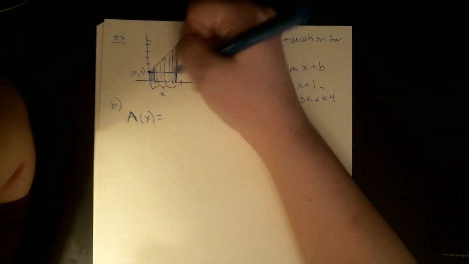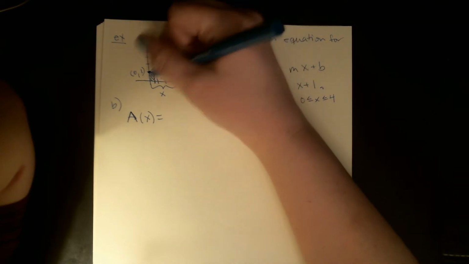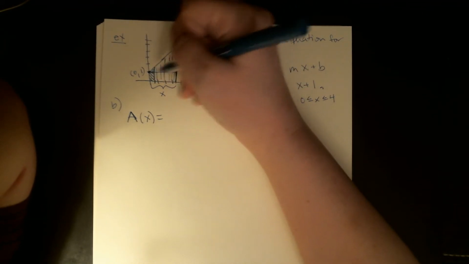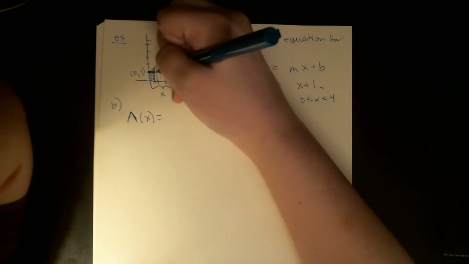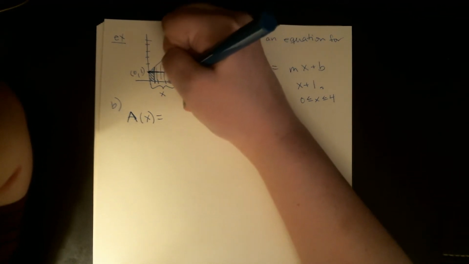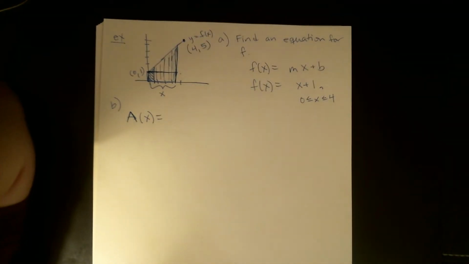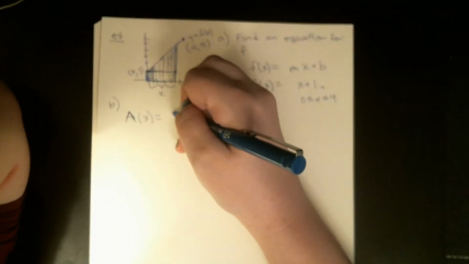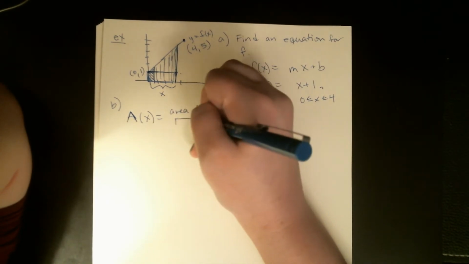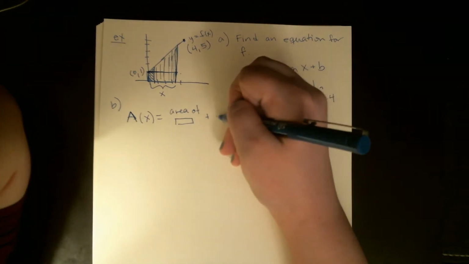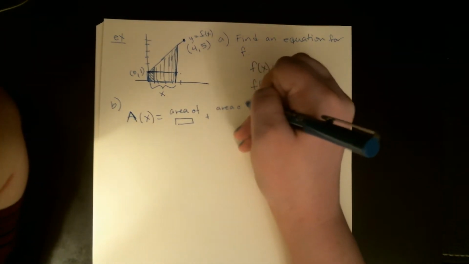Okay, so again, it doesn't matter which trapezoid you're visualizing. Both of them are the same thing, trapezoid or rectangle with a triangle sitting on top. So I'm going to go ahead and use the big one. So when I look at this, first thing is to realize that no matter where you cut it off, you always get the rectangle on bottom. So I want the area of the rectangle plus the area of the triangle.